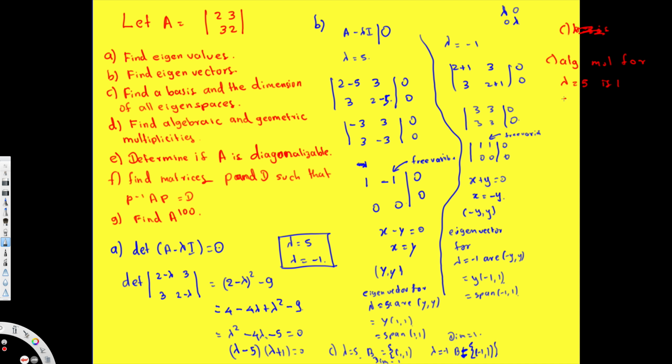So the geometric multiplicity for lambda equal to 5 is 1, and the same method applies for the other one. The algebraic multiplicity for lambda equal to minus 1 is 1, because if you see lambda plus 1 is just power 1. And also the dimension for lambda equal to minus 1 is 1, therefore the geometric multiplicity for lambda equal to minus 1 is 1.